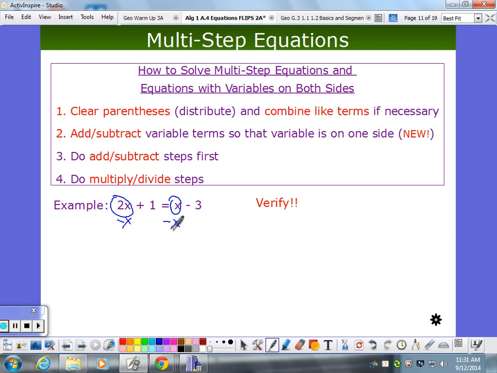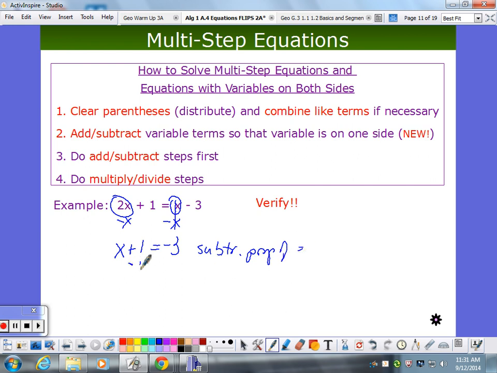Because what's x minus x? You have an x in your hand, I take it away. What's left? 0. x minus x is 0. You have two x's, I take away one of the x's. What's left? 1x plus the 1 equals -3, using the subtraction property of equality.